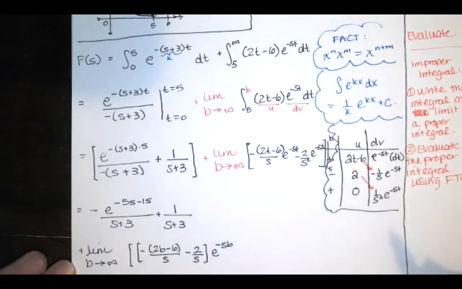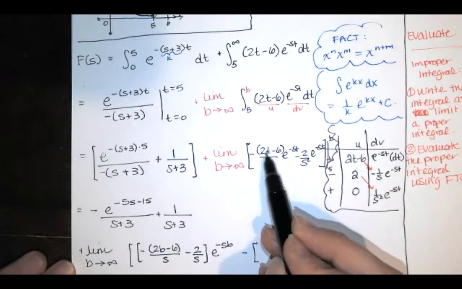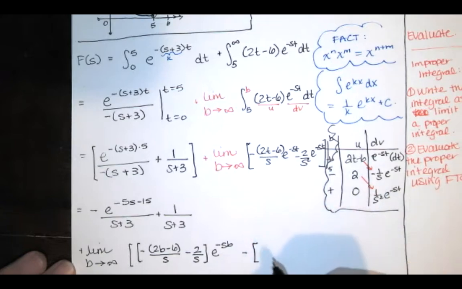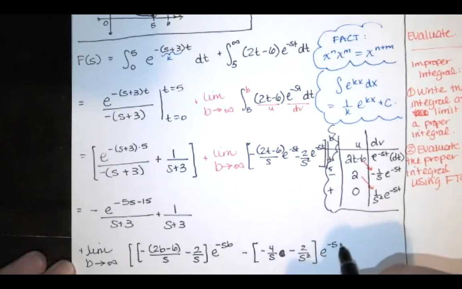And then when I evaluate this at t equals 5, and we want to subtract that, we'll have 2 times 5 is 10, 10 minus 6 is 4, so we'll have negative 4 over s times e, well, let's factor out the exponential there as well, times e to the negative 5s minus 2 over s squared times e to the negative 5s.